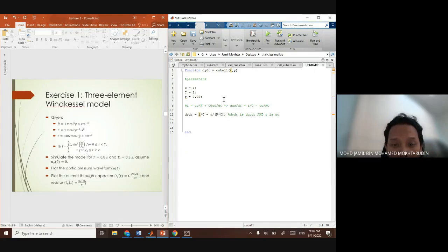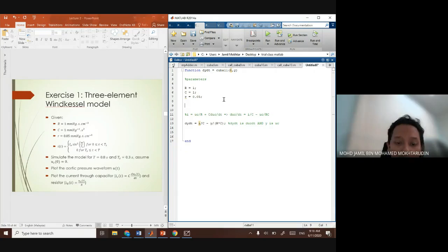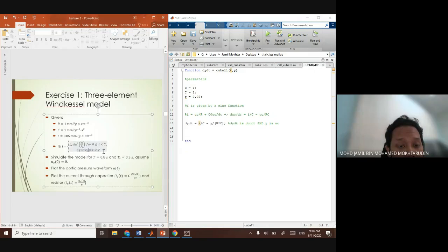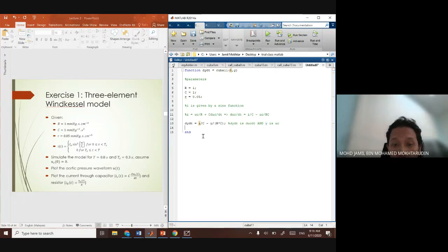Okay, there is a small mistake. The I here, I is given by the sine function.